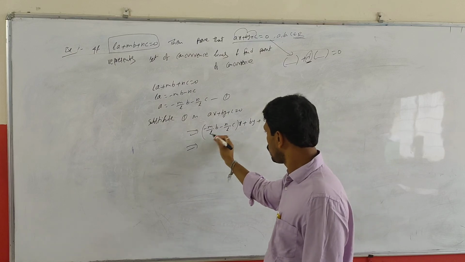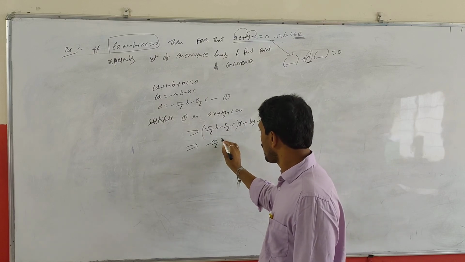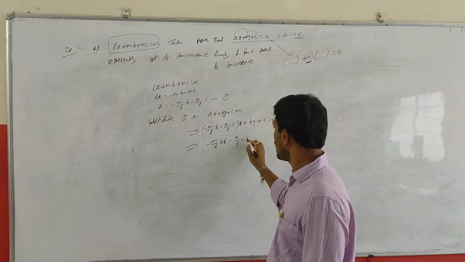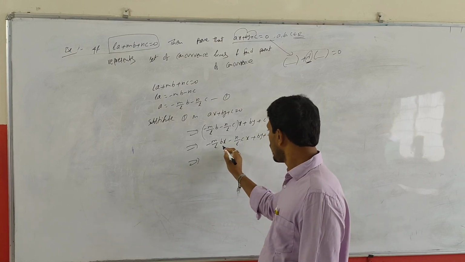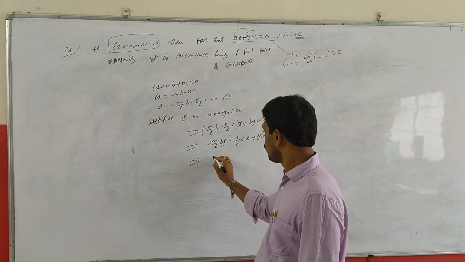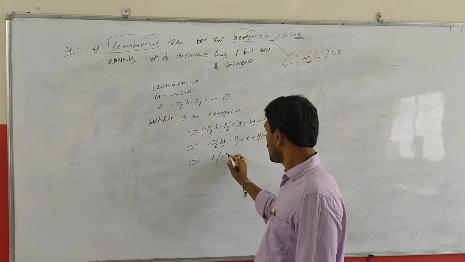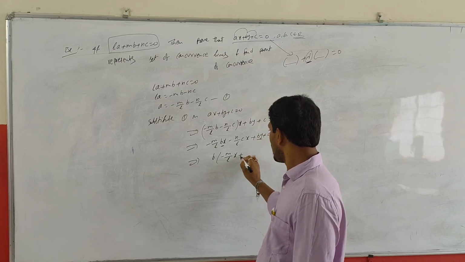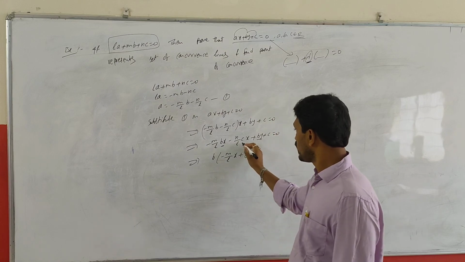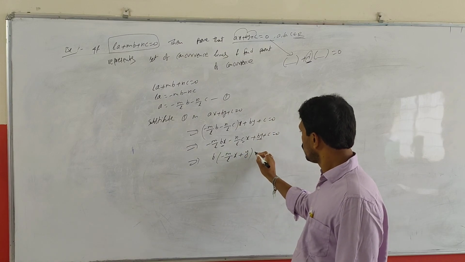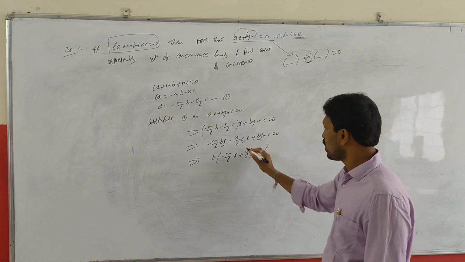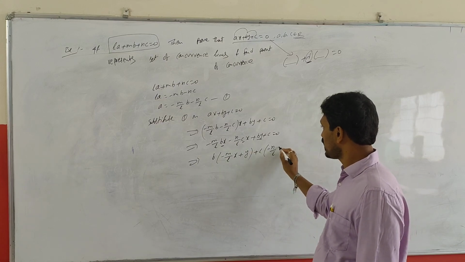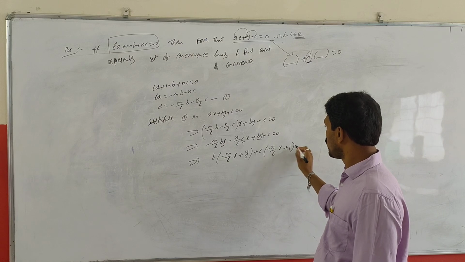First multiply: minus M by L BX minus N by L CX plus BY plus C is equal to 0. Take B common: B times minus M by L X plus Y. Take C common, I am taking plus C here: C times minus N by L X plus 1 is equal to 0.